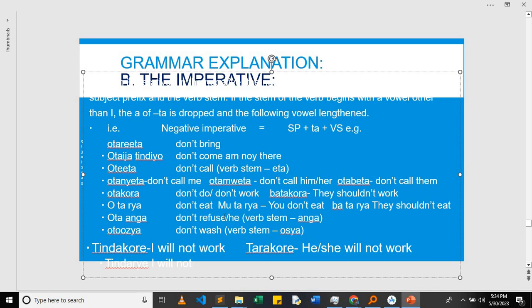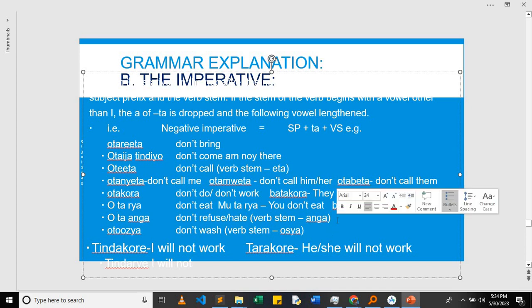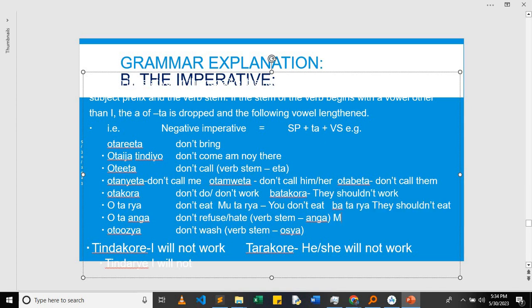So if I say otanga, I'm telling a person don't refuse. If I want to tell people that they should not refuse, then I will say mutanga. I'm telling them that you should not refuse. Mutanga.